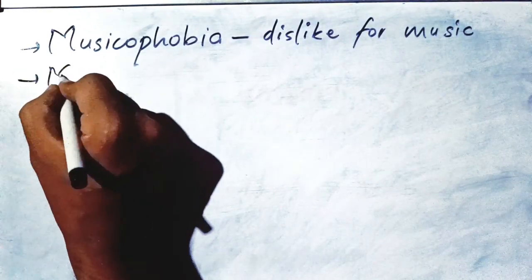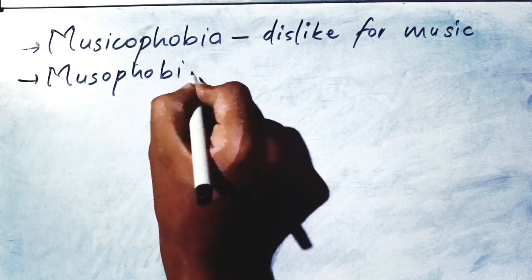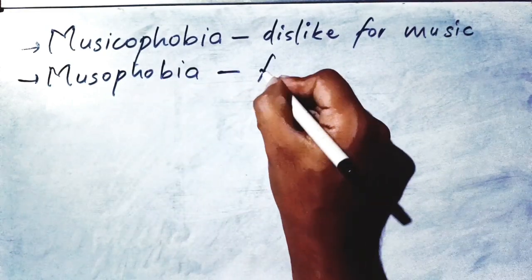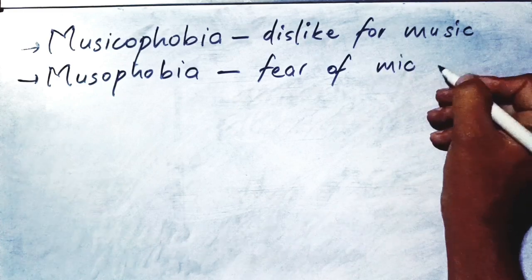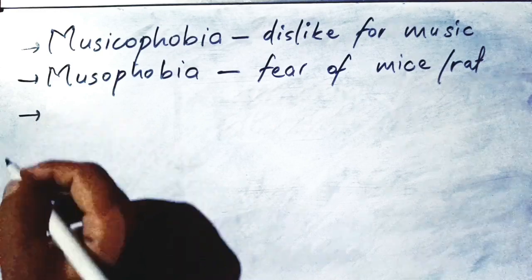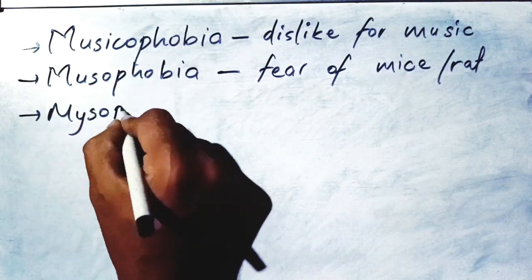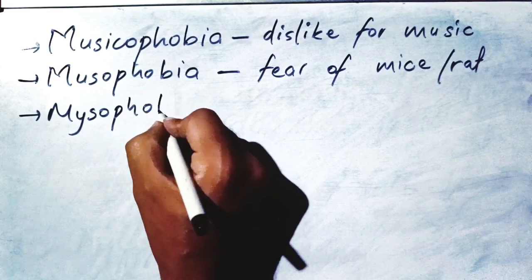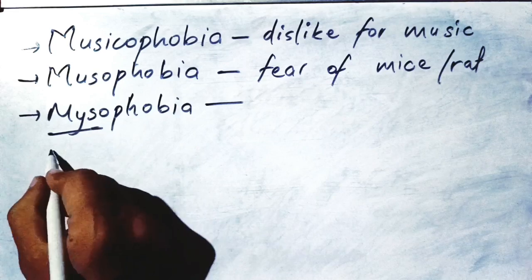Next is Musophobia. Means fear of mice or rat. Next is Mysophobia. Myso means filth.